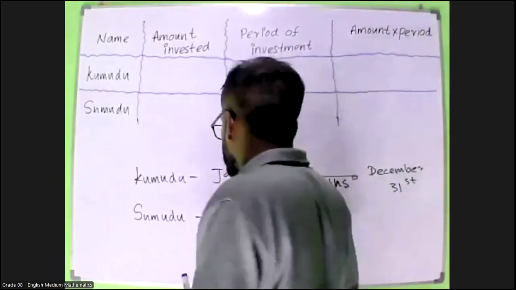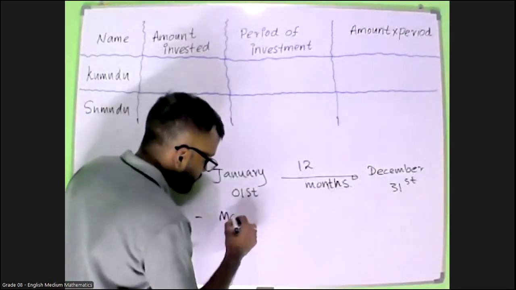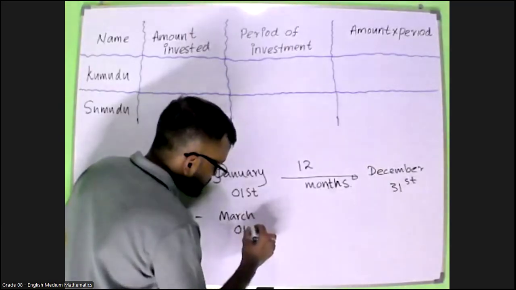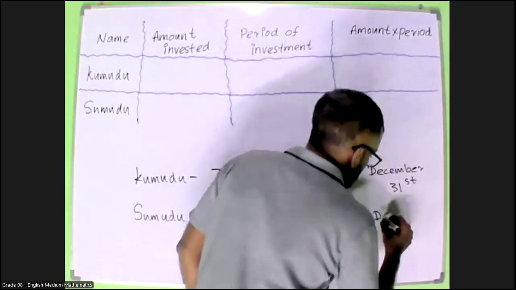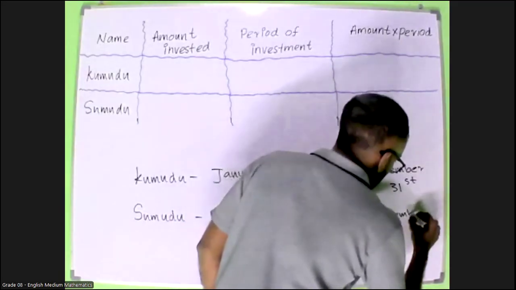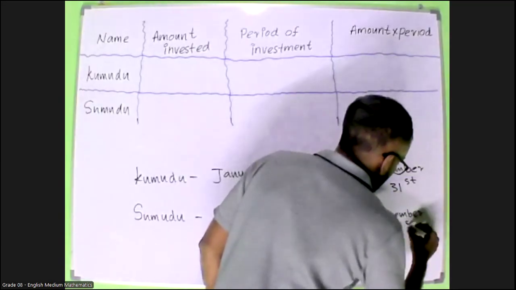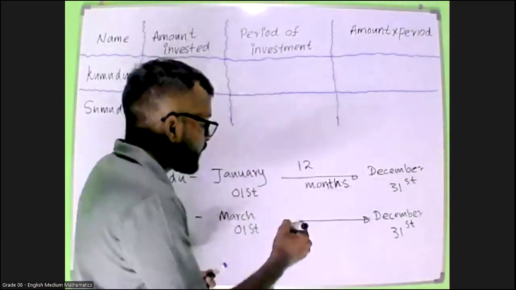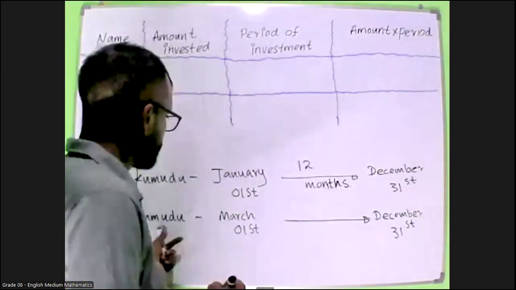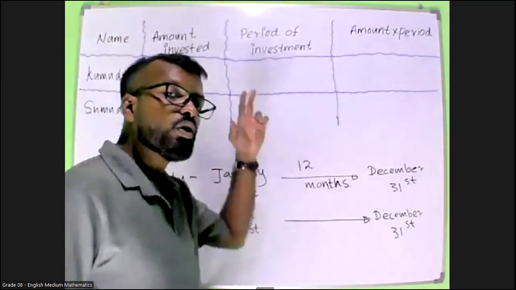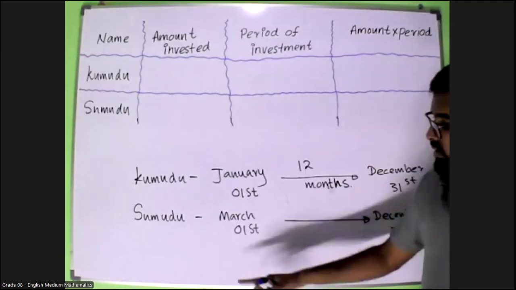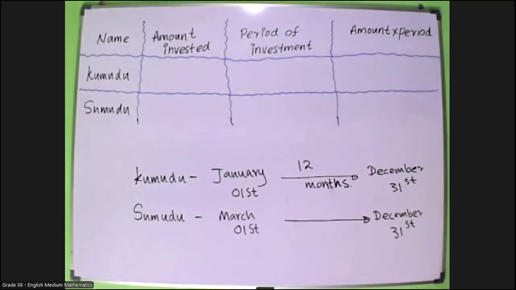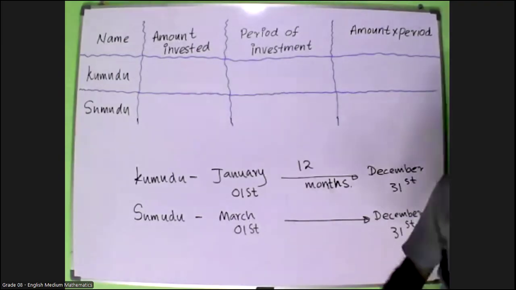Yes, if Sumudu joins on March 1st, and up to December 31st, how many months will Sumudu work? Is it 12 months or less than that? Less than that. Yes, less than 12 months.